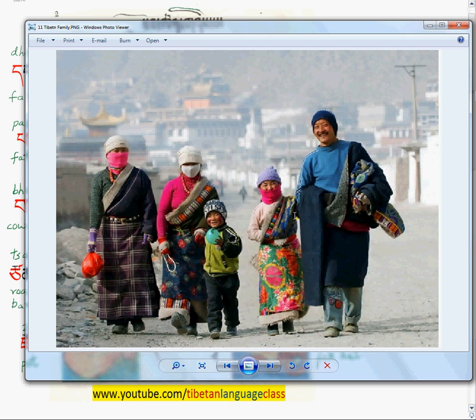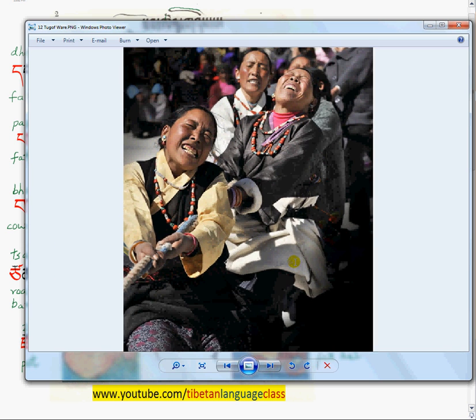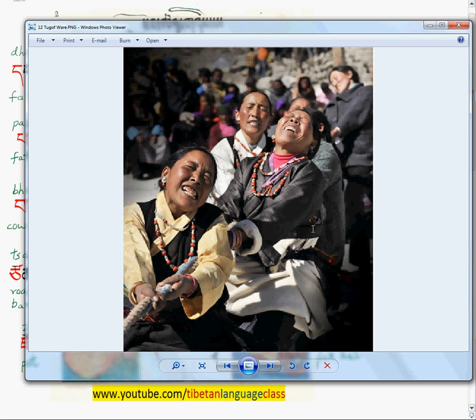Check this out. Very cool picture of a Tibetan family. And look at this. It looks like the grandmas are having fun playing tug of war. It's a pretty popular sport or game in Tibet.